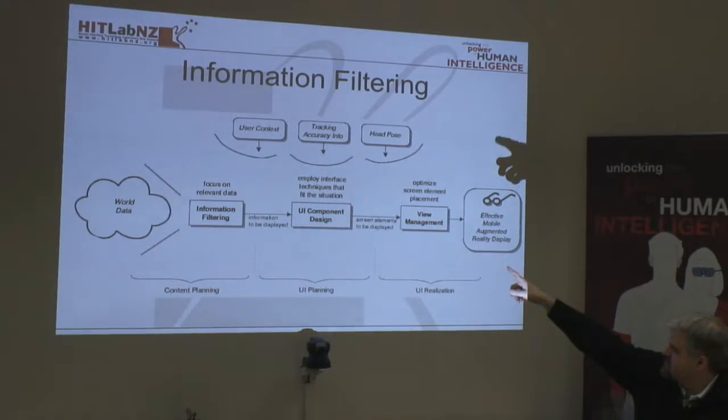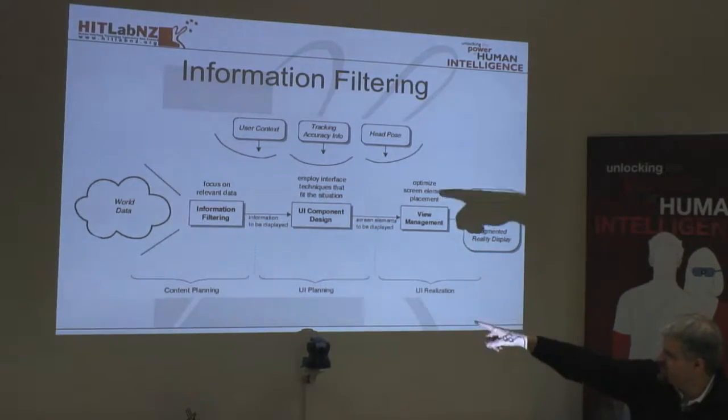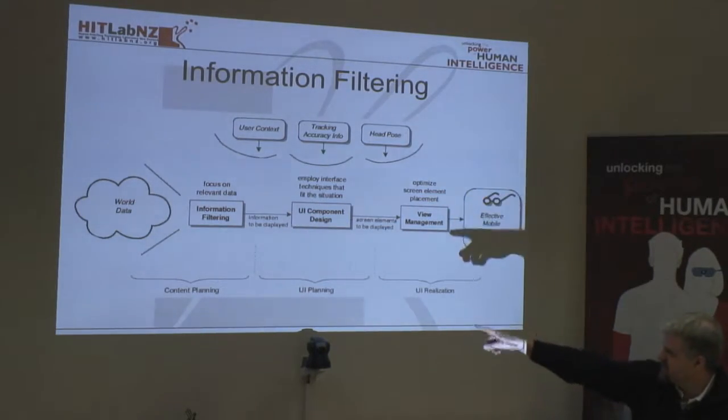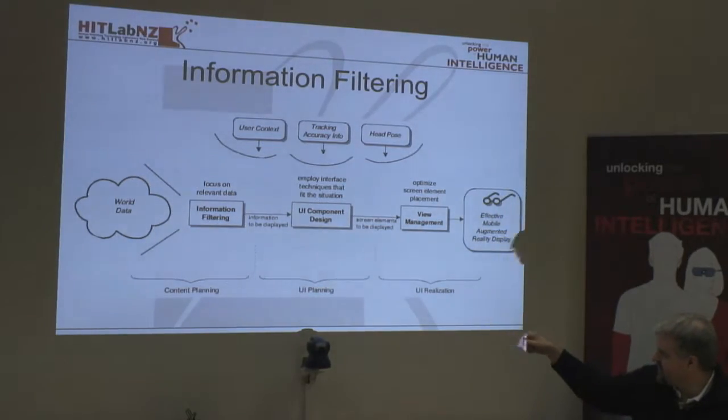So the user has some sort of context, something they're interested in. You have some information about their location, so from GPS, and also head pose, so where they're looking. So this tells you where the person is, what they're interested in, where they're looking. And you can use this to filter the information. So you have all the world's data, you filter it down to the information that you think they are interested in. And then you can do some user interface planning.